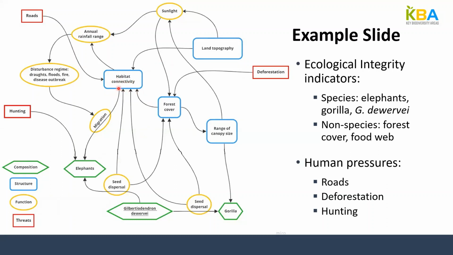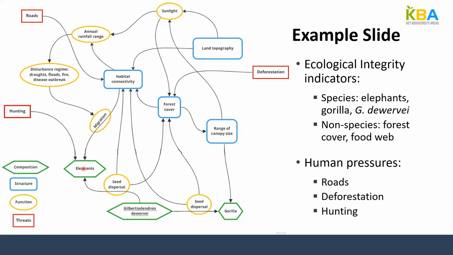So there is low or no isolation of patches within the site due to the presence of roads. You may also have to show that the forest cover hasn't changed much over the past few decades. So here you could potentially use the earliest satellite imagery that you have access to, and current satellite imagery to show that the forest cover hasn't changed all that much within the last 50 years or something along that line.